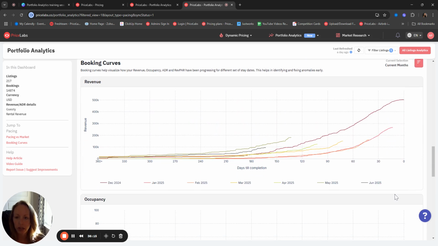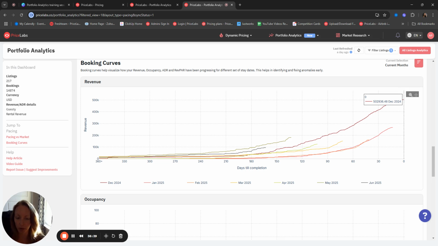All right. So the next section of this dashboard is booking curves. Now, booking curves are a different way of looking at KPIs. The booking curves are showing you how the KPI is evolving over time. 0 means that this month has completed.